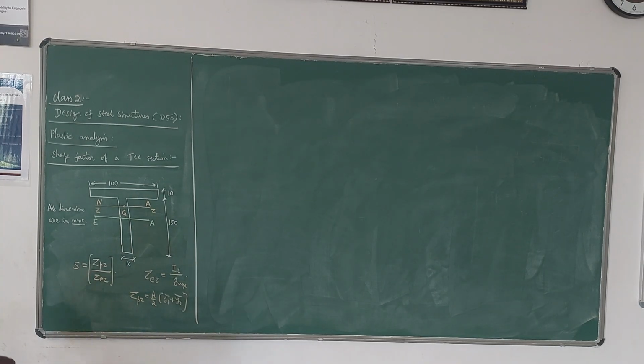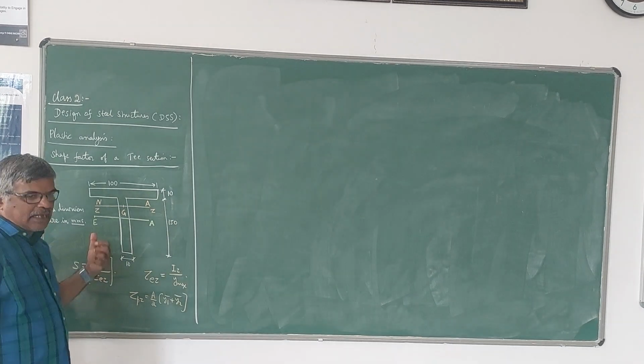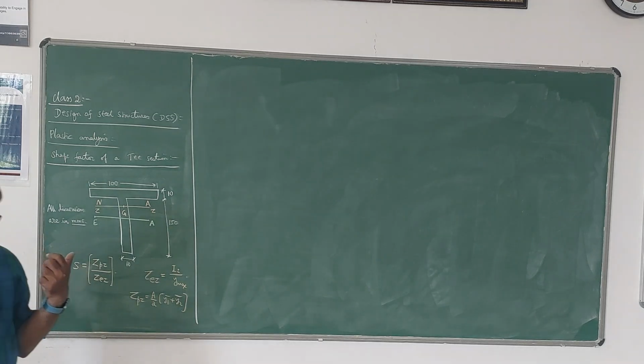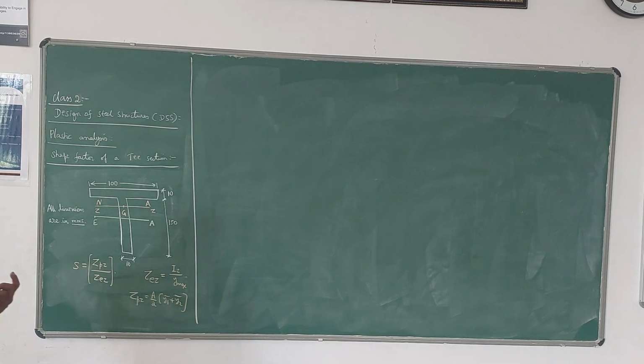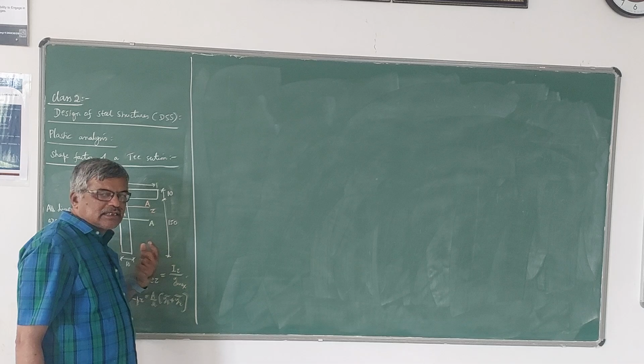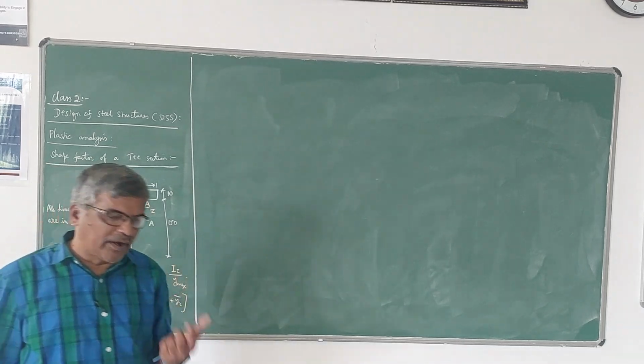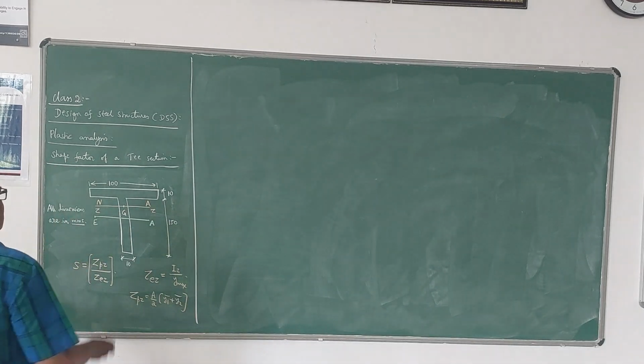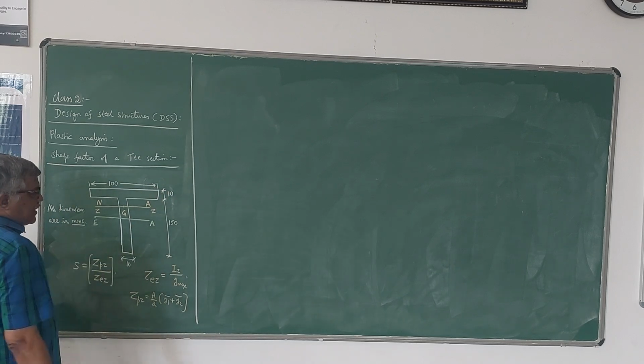Now, we have to locate two axes here. One is the neutral axis, another is the equal area axis. To locate the neutral axis, we have to locate the centroid. So, I am going to take G as the centroid of this T section.